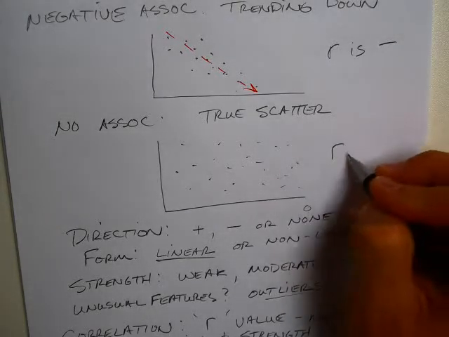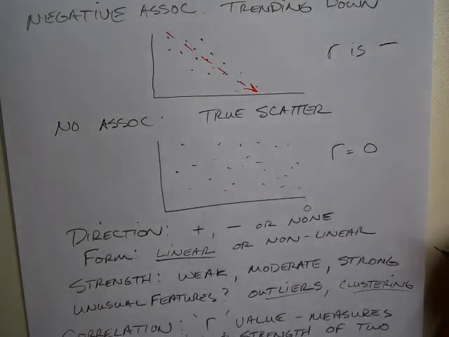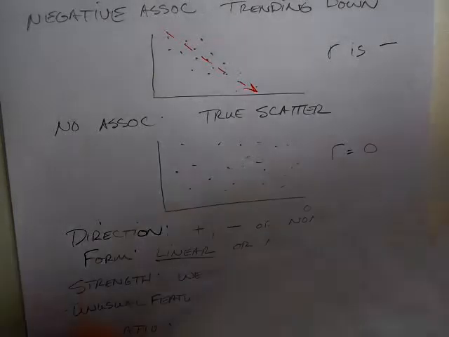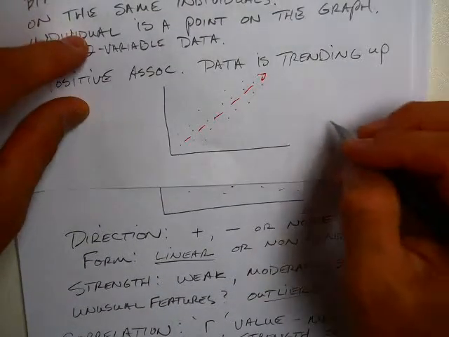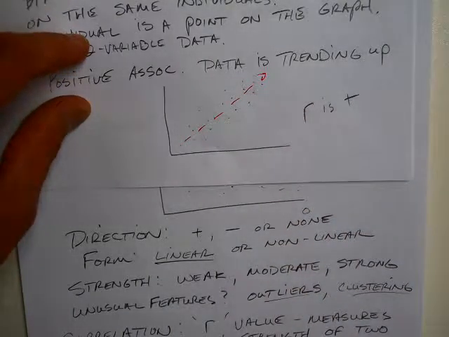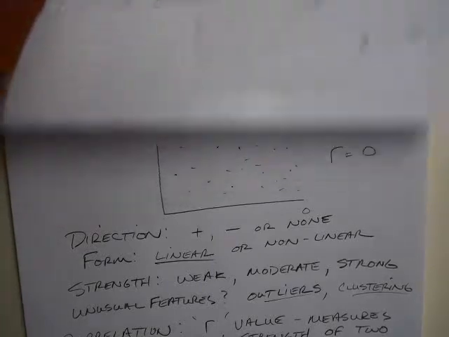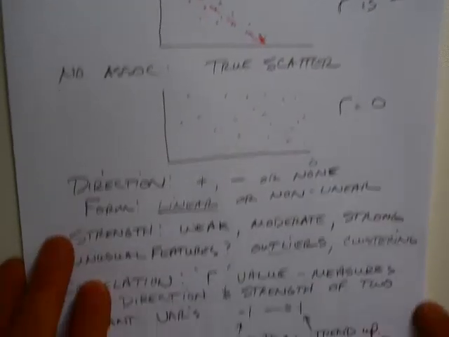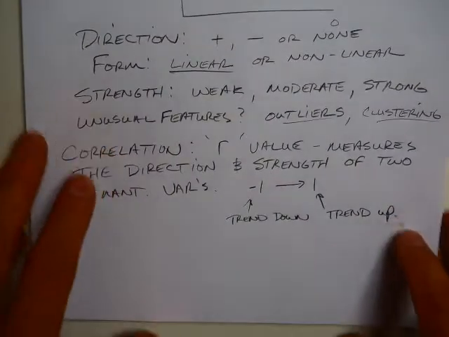This would be R equals 0. And the first one would be R is positive. And how close to 1 it is shows how tightly gathered the values are. We'll look at that here in a little bit.